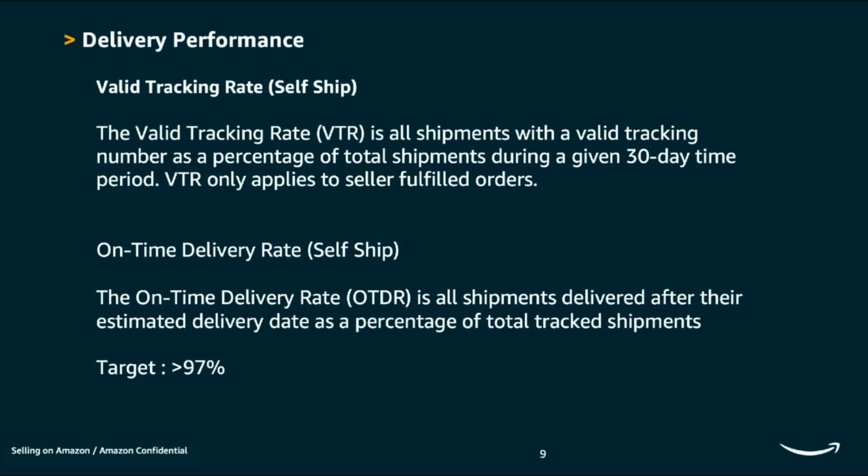We recommend that sellers maintain OTDR greater than 97% in order to provide a good customer experience. However, there's no penalty for not meeting the performance target at this time for this OTDR.